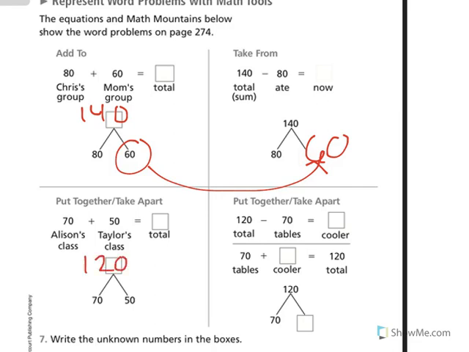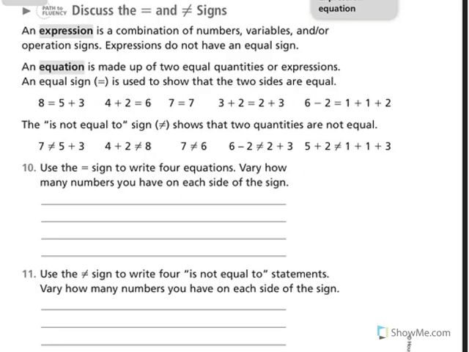And that was 120. And then 120 take away 70 is going to be what? That's right, it's going to be 50. The reason this page is so repetitive is because they're really hoping that you're going to make the connection between these addition problems and these subtraction problems. That's the whole point of this right now. Okay.